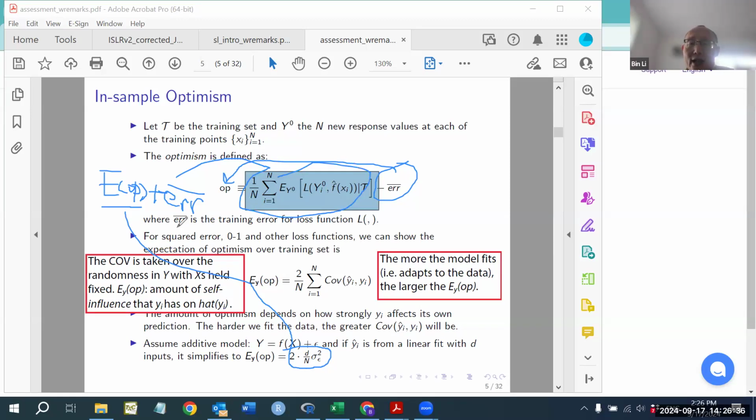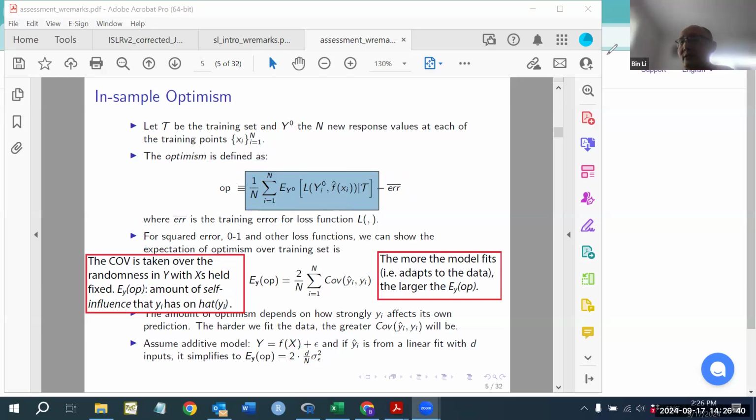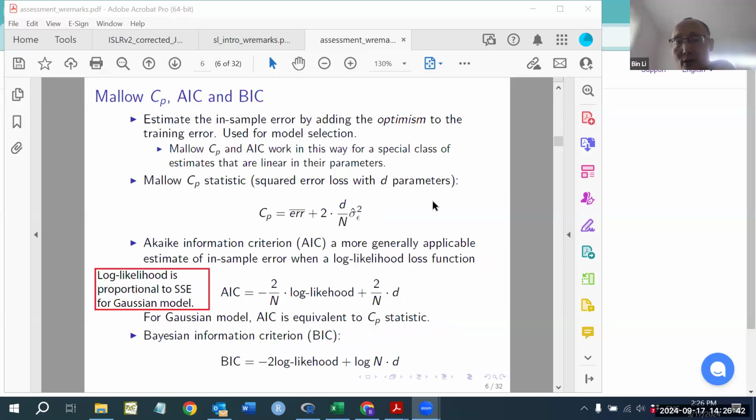Okay, and that is the in-sample error approach with adjustment. And that is called Mallows' Cp. I believe most of you should have heard this name, the Mallows statistic. What is the Mallows statistic? It is the training error plus 2 times d divided by n times sigma squared.